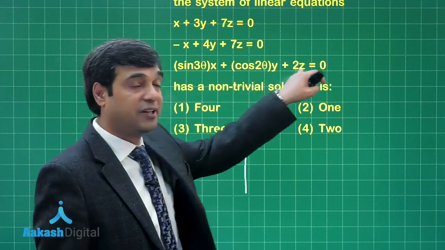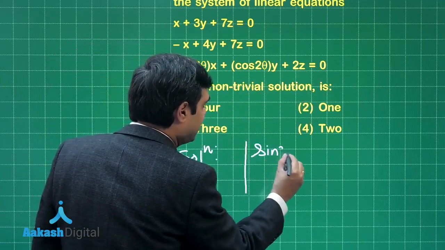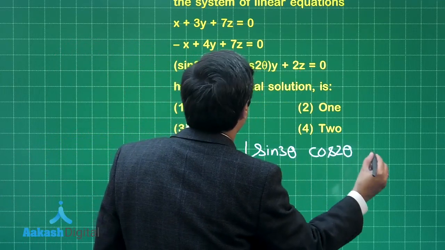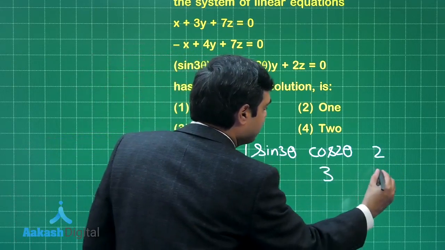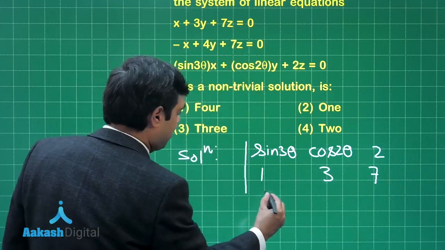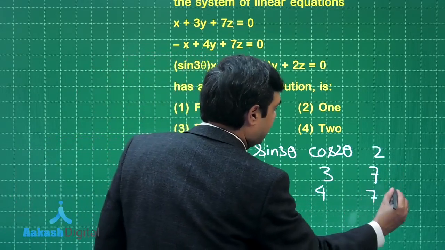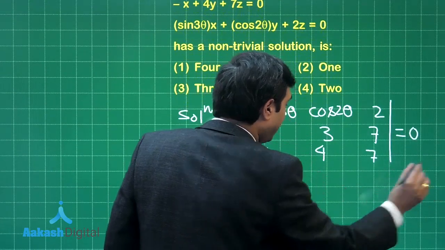So let us say I am considering the third one as first, so that I can write the coefficients like sine 3 theta, cos 2 theta and 2. Then you have 1, 3, 7 and you have minus 1, 4 and 7 is equal to 0, correct.